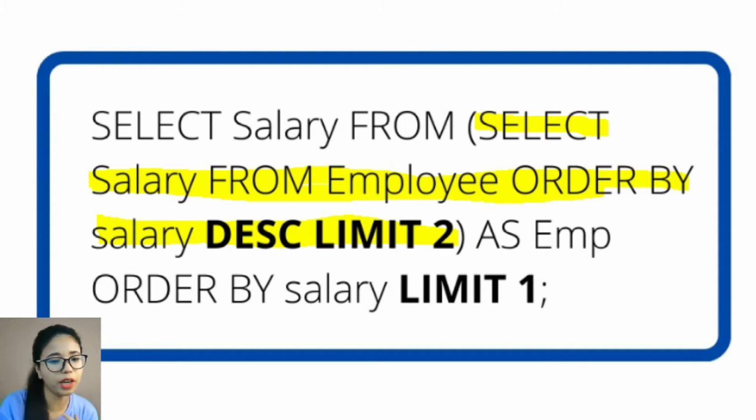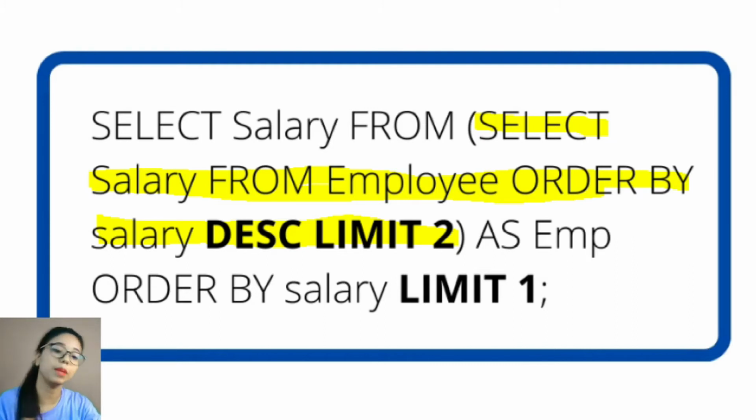That's why in the inner query we are ordering the records in descending order. So first 7K will come, then 5K and then 2K. Limit 2 means it is going to give me 2 records, 7K and 5K.